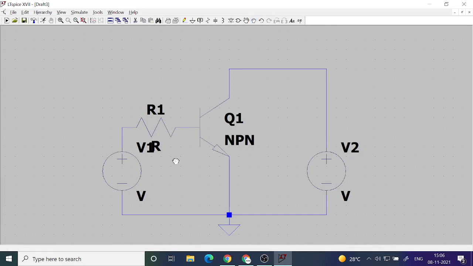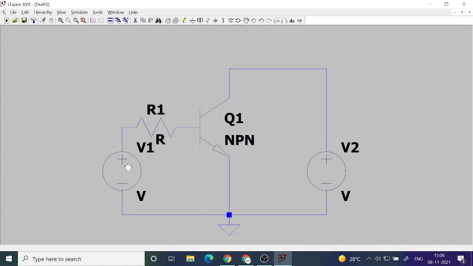The reason is that I'm going to forward bias this junction here, the junction between base and emitter, because base is made up of P material and emitter is made up of N material. So I am going to forward bias it.